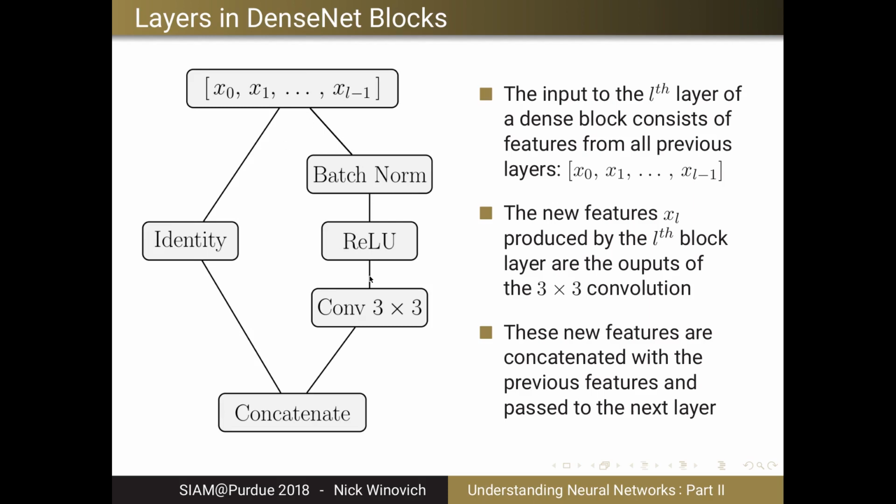And here we'll create the new features. So we get the features x0 through x l minus 1. Those are the concatenated features from previous layers. And we want to produce the new features xl. Those will be the results from this convolutional layer. And we'll concatenate that to get the vector x0 to xl, which is passed on.